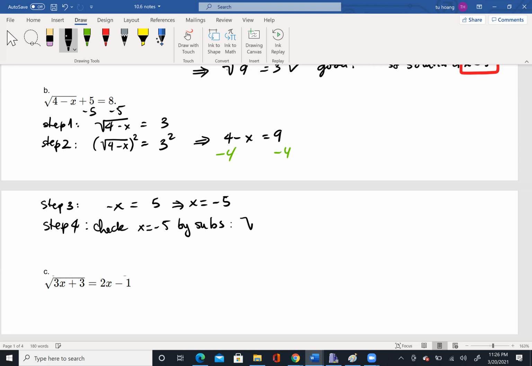So I have the square root of 4 minus x, now negative 5, plus 5 equal to 8.